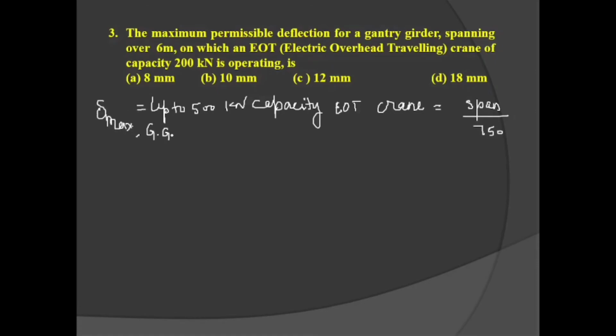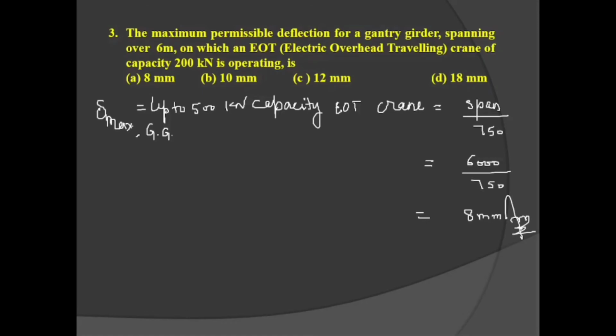Okay, so span is given as 6 meter. 6 meter means 6000 mm divided by 750. So the value is equal to 8 mm. Let's calculate also. That is 6000 divided by 750, that is equal to 8. Okay.